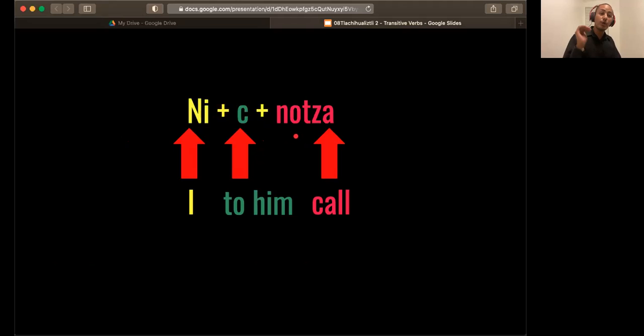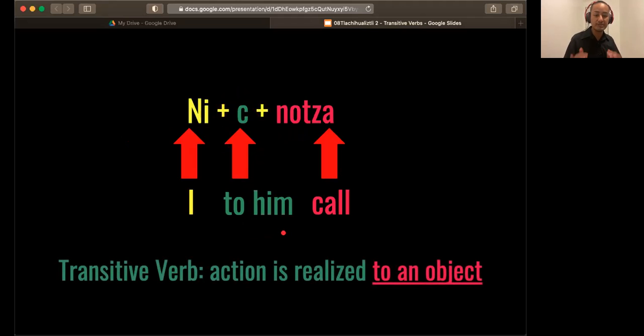So this verb notza is a transitive verb that requires you to indicate who or what you're doing the action to. Here that function is performed by the letter C, which is k. It's saying that I am doing the action to him or her or it. So a transitive verb is a verb where an action is realized to an object.